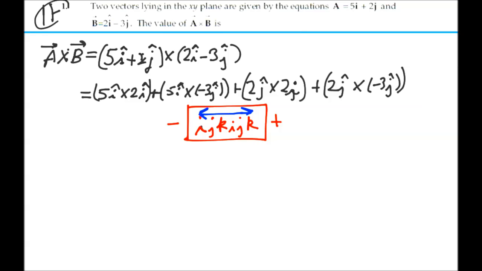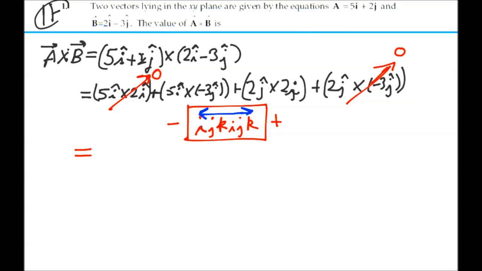If we go to the left, we end up with the next vector, negative. Any vector crossed with itself is 0. So the first term, i cross i, gives us 0. We also have a j cross j, which will be a negative 6 times 0, which is 0.